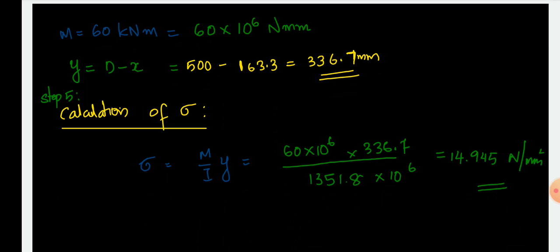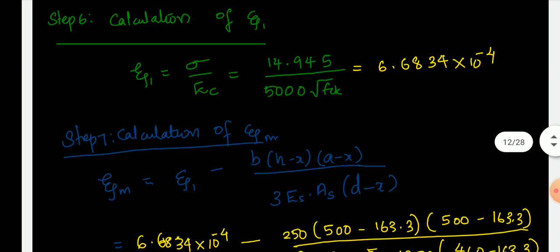Stress is equal to M by I into Y. So on substituting all these values, you will get the value of stress as 14.945 Newton per mm square. Next is the calculation of strain at the point of consideration. There you will get strain is equal to stress by Young's modulus of concrete. Then the value is obtained as 6.6834 into 10 to the power minus 4.